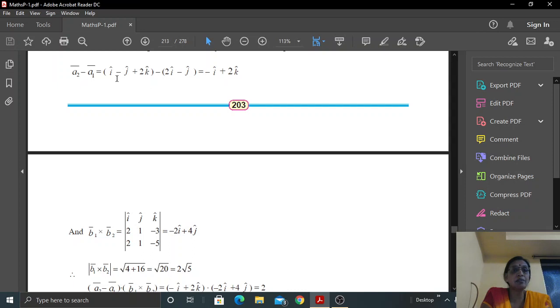We get, after simplifying, minus i cap plus 2k cap. Okay. Next find the cross product B1 bar cross B2 bar. See here.